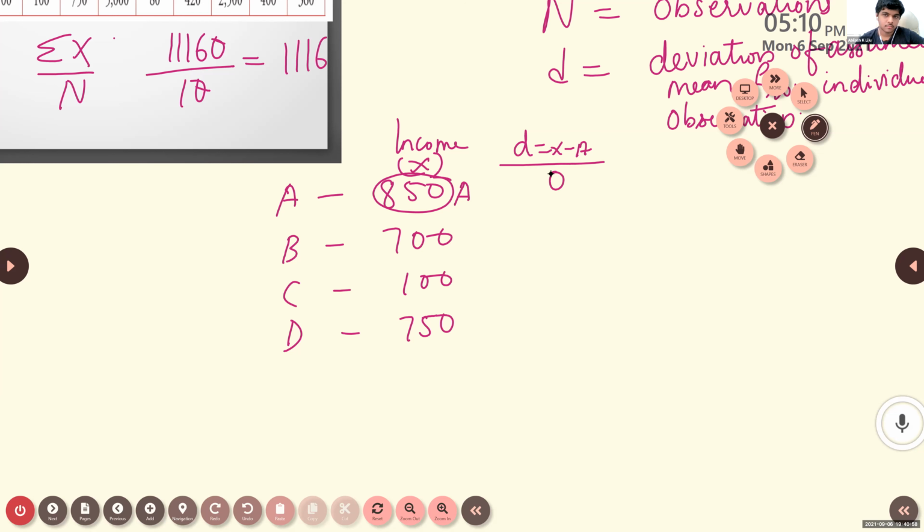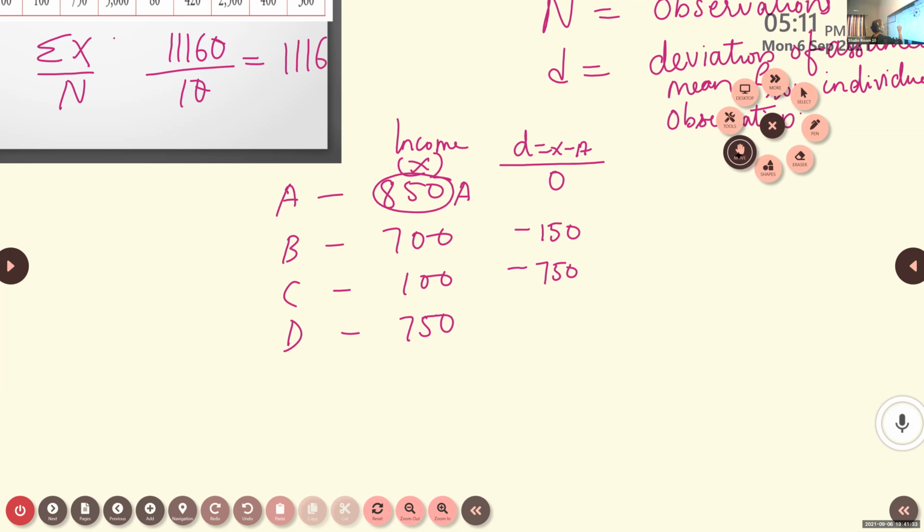Next, the second one is 700. 700 minus 850 will be minus 150. Next one, 100. 100 minus 850 will be minus 750. I want everyone to find the answer for this.